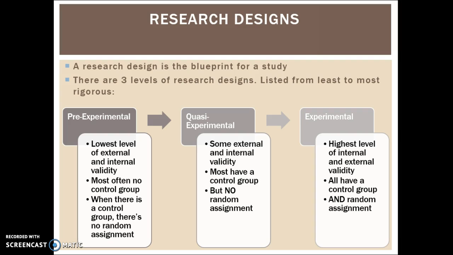There are a couple of terms in that box that we need to go over. I'm saying that if it's a pre-experimental research design, you're going to have low internal and external validity. We're going to go through these terms again later in this lecture. Internal validity refers to the ability of your study to really show that your independent variable is having an impact on your dependent variable.